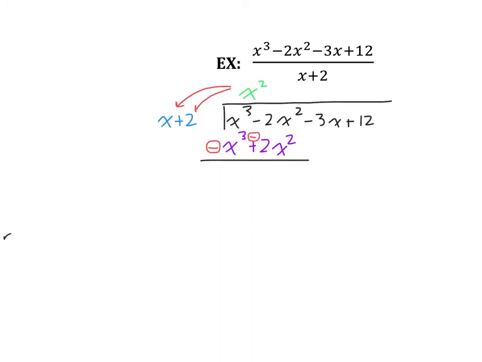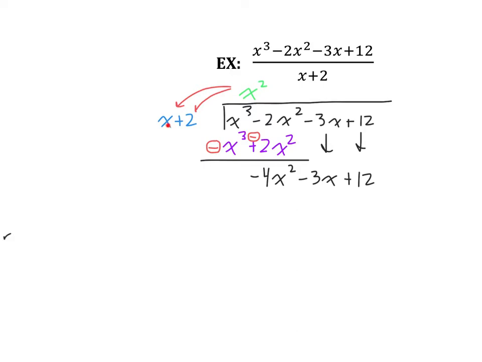The goal is that those x cubes cancel that first term, which they do. And so what are we left with? Well, we are left with negative 4x squared, and I'm going to bring everything on down now. So minus 3x plus 12. Since it's a polynomial, I'll bring every term down.